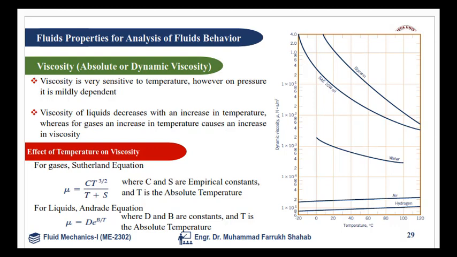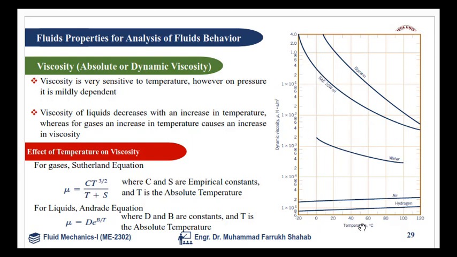Interestingly, when you increase the temperature, the viscosity of a liquid decreases, which can be seen from this graph: when you are increasing the temperature, the viscosity of oil, glycerine and water shows a decreasing trend.